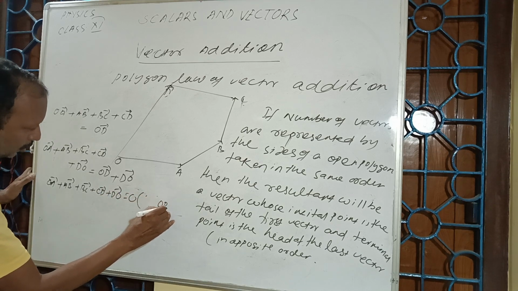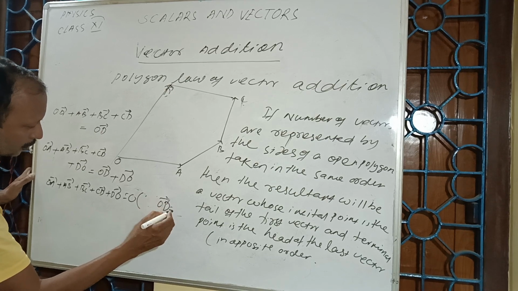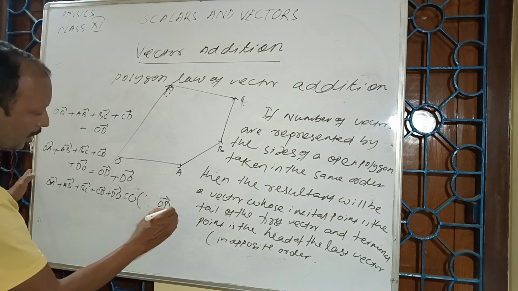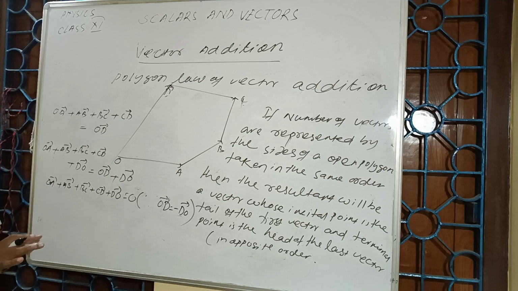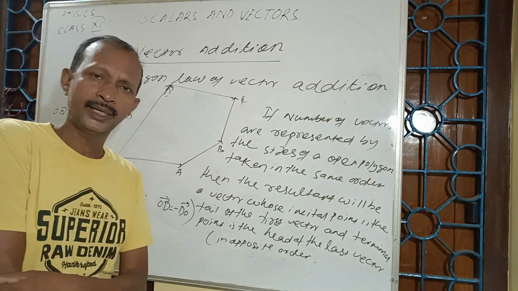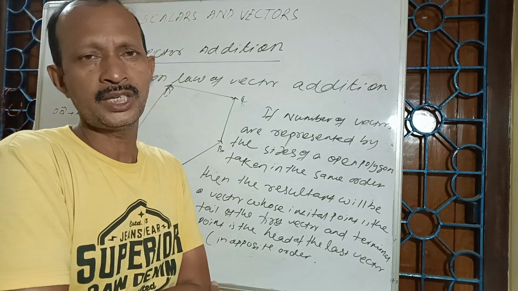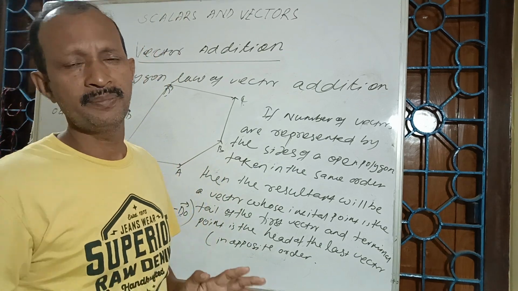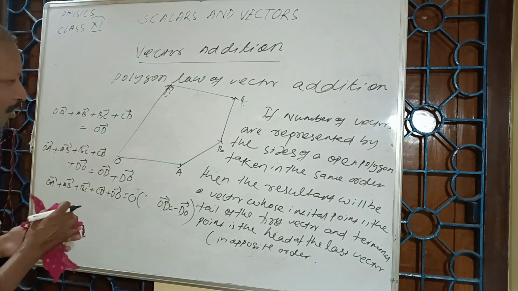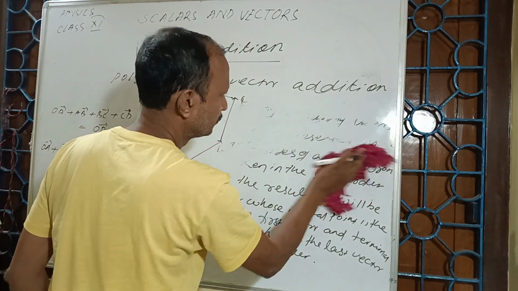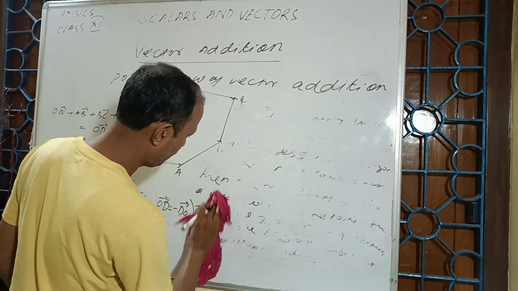Since OD is equal to minus DO, another way I can say that if vectors are represented by the sides of a polygon, then their vector sum is 0. This is the alternative way I can express it.